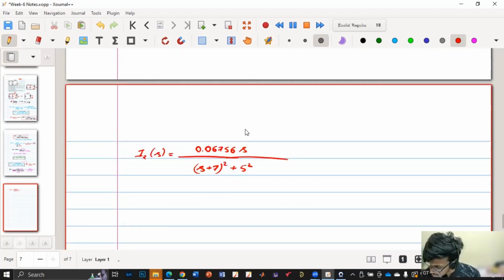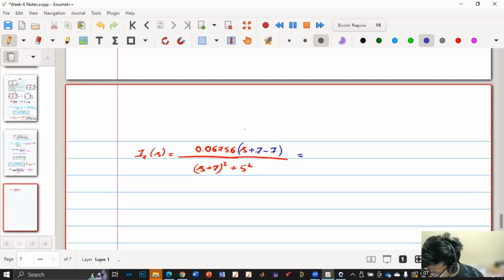Cos format, yes. So we have this in the cos format, but for the cos format, we need S plus A in the numerator. We have only S. So what I'll be doing is I'll be writing S as S plus 7 minus 7. So I'll separate this term as well as that term.